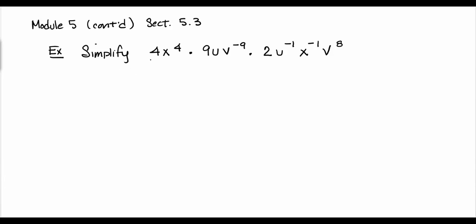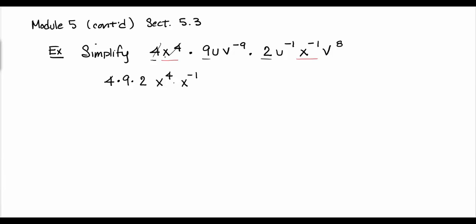So I have my 4, my 9, and my 2. So my first part's going to be 4 times 9 times 2. And then I'm going to gather my bases that have an x. So here's one. There's x to the 4th and x to the negative 1. So we'll rewrite that. I have x to the 4th times x to the negative 1.